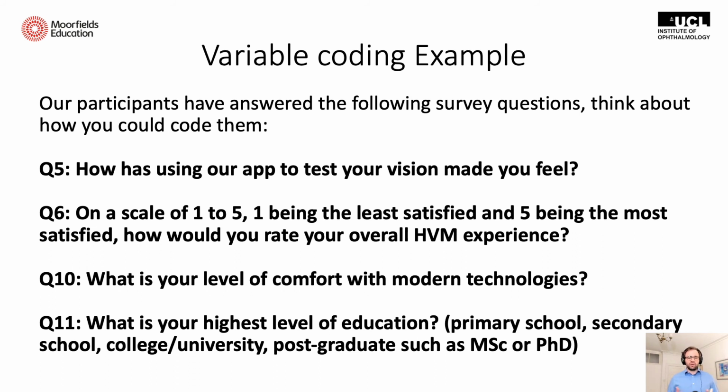So we made sure to make that numeric and code that. The second question already tells you that it's on a scale from 1 to 5, so that's clearly going to be numerical. Level of comfort with modern technologies, again, you could try and represent that numerically. And your highest level of education, that's going to be categorical, but you can try and represent that numerically. I always recommend trying to translate categorical variables into numeric variables where there's some ordering and it makes sense.